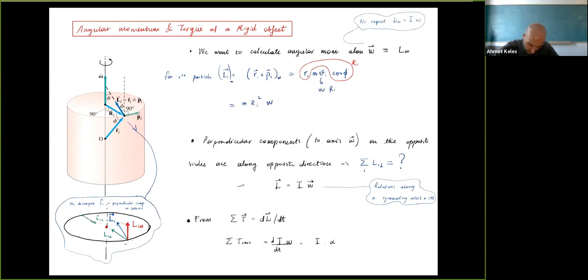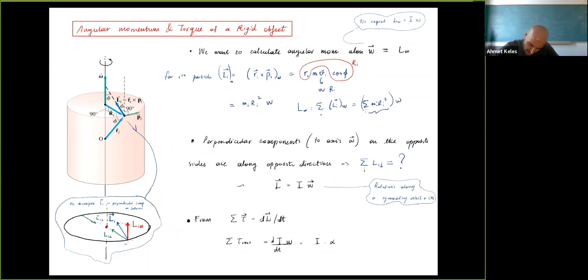Now if you sum over all particles, let's write it like this. L of omega is equal to the sum over all particles of L_i of omega, which is the sum of m_i R_i squared times omega.